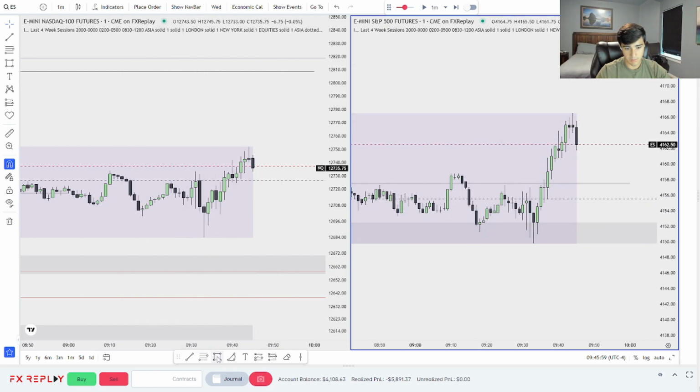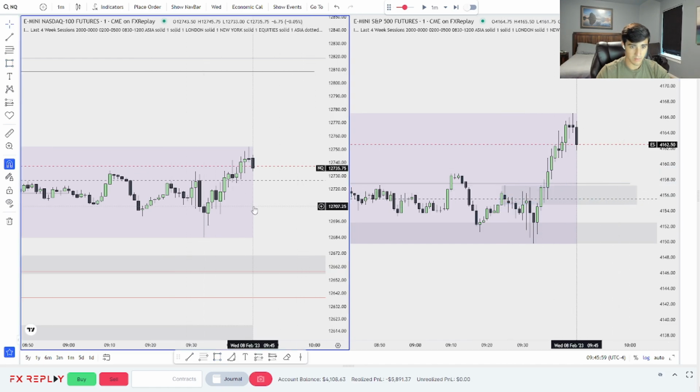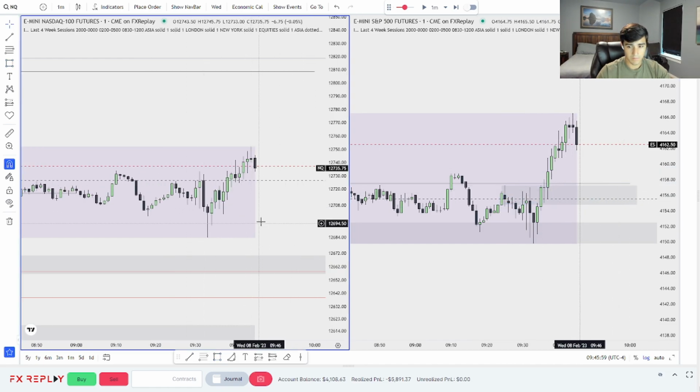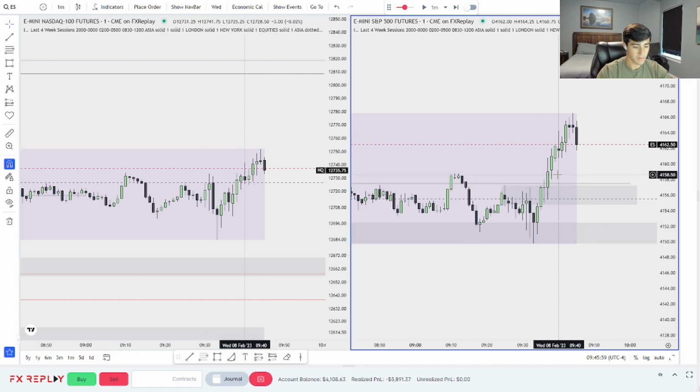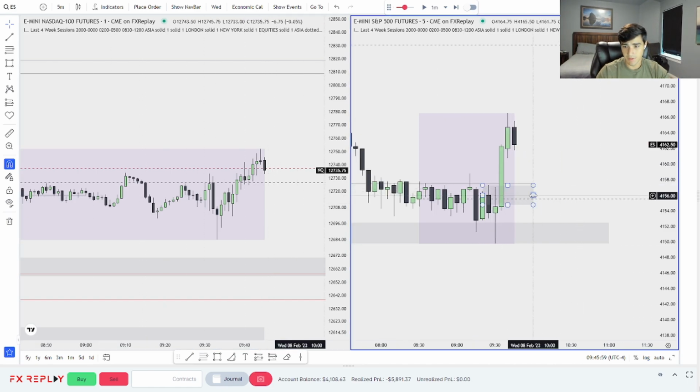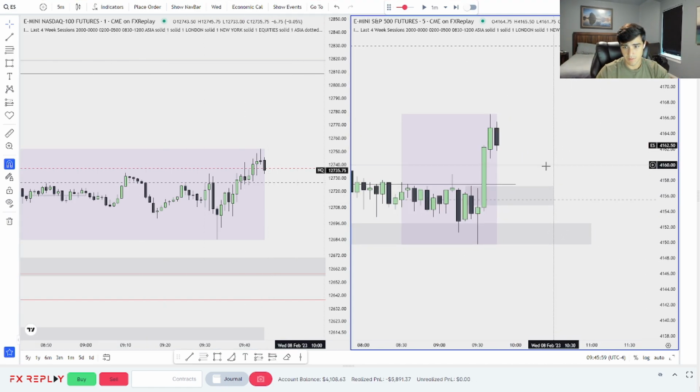Breaker block, maybe. Low, high, lower low, higher high. The entry kind of looks better on ES.